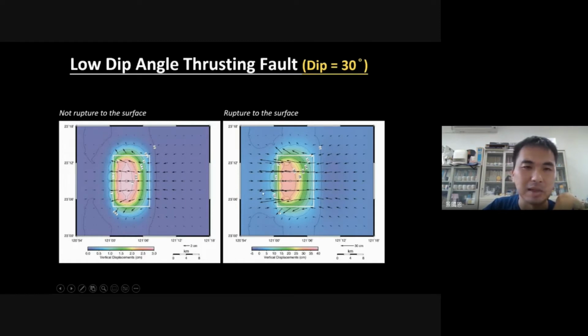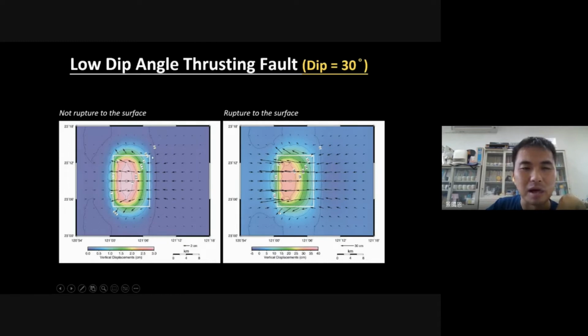But in this case, we could see that although both of them are reverse faults, and the magnitude and the strike are the same on these two cases, however, the surface displacement pattern is similar but different. Similar is that we could see the direction of the surface deformation.